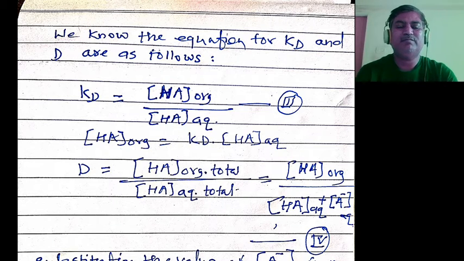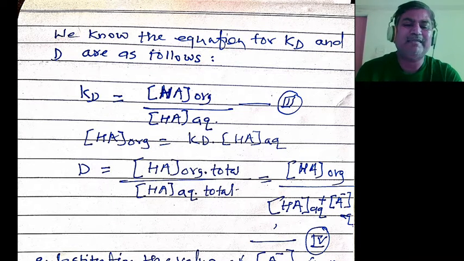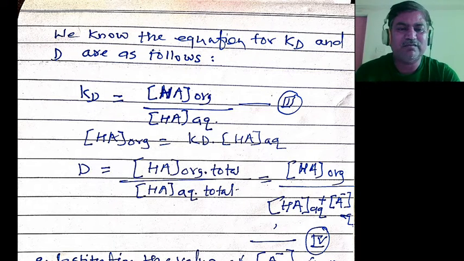Again I will repeat equation 3 and equation 4. Equation 3 shows the distribution coefficient, where no complete distribution or dissociation is considered.